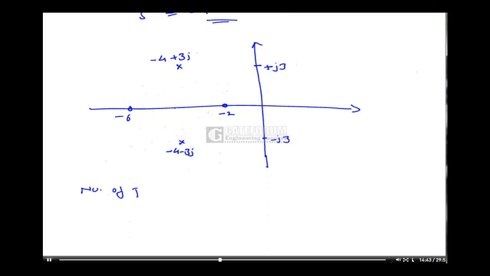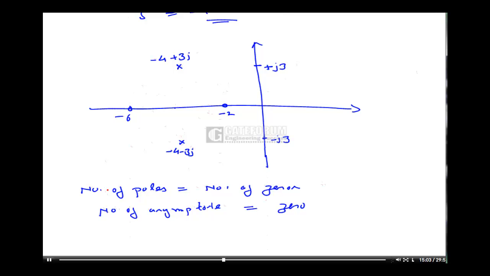Number of poles is equal to number of zeros. Thus number of asymptotes is zero, because poles are equal to zeros.